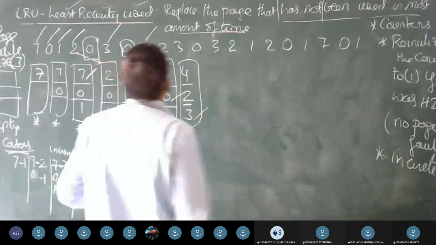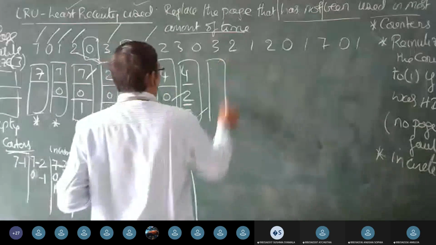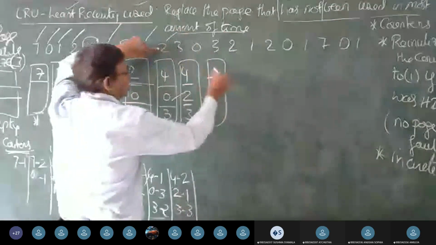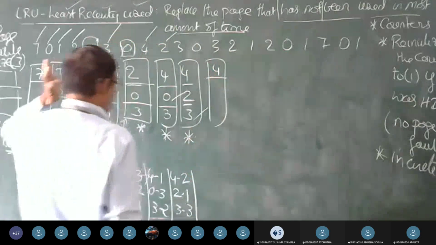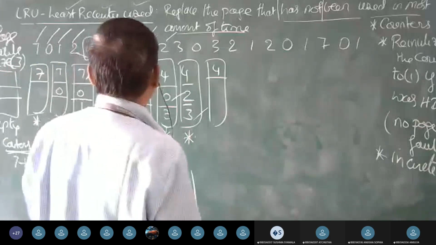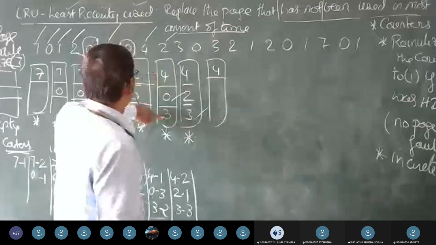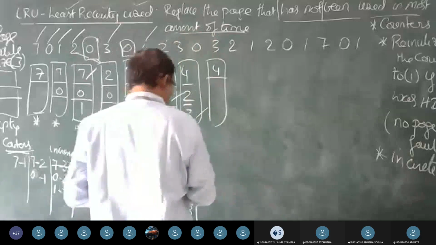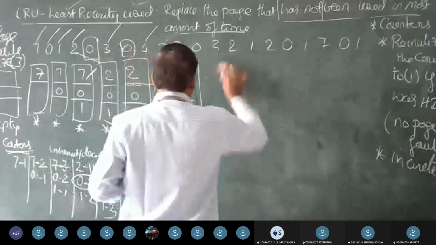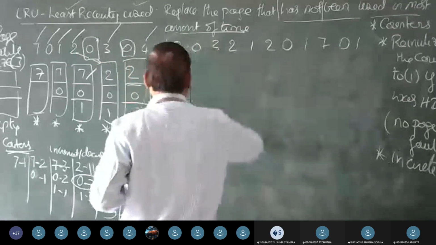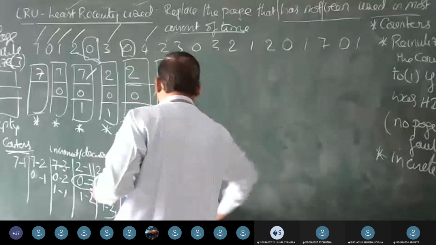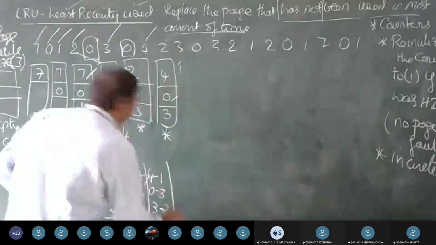That means now for frame number 2. So I think we went wrong here. So 4, 0, 3. Next one we are going to have this 2 here. So 2 was available. 4, 0, 3 here.